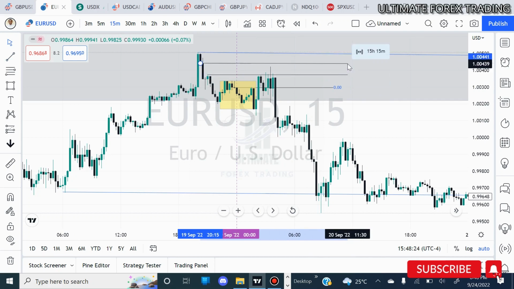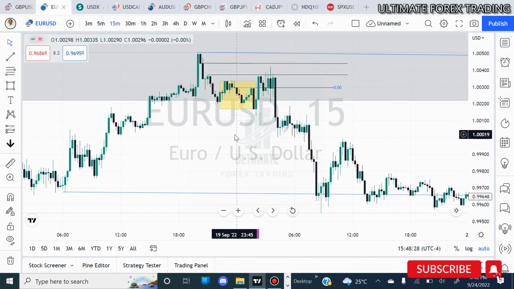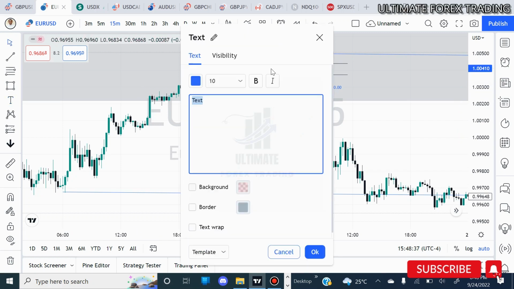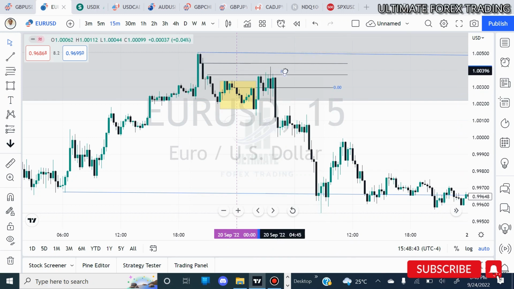Above the 0 GMT, you have fair value gap, right? Let us label it fair value gap, right? You can call it imbalance too.